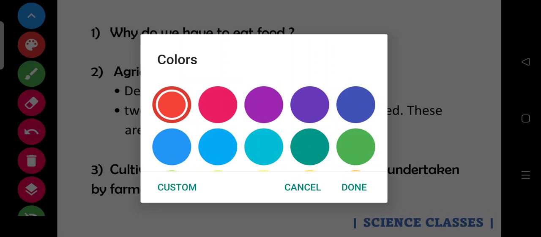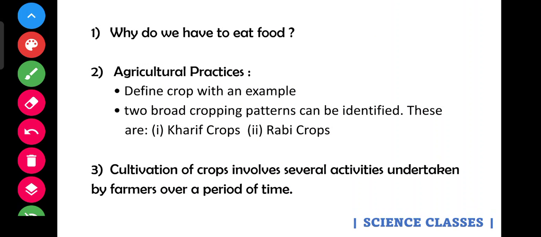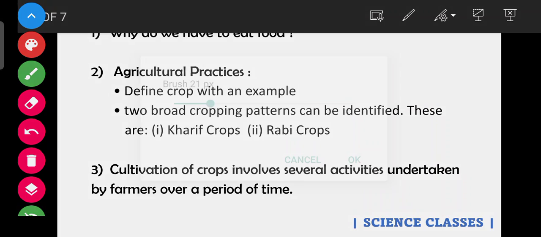agricultural practices. In agricultural practices, you will learn how to define a crop with an example. A crop is nothing but when plants of the same kind are cultivated at one place on a large scale, it's called a crop.